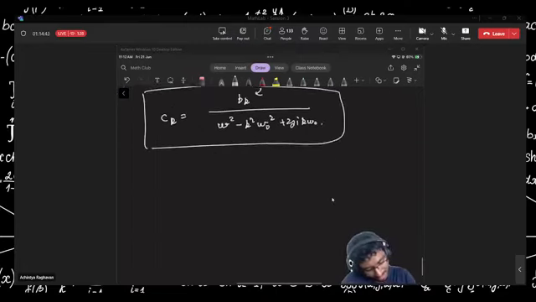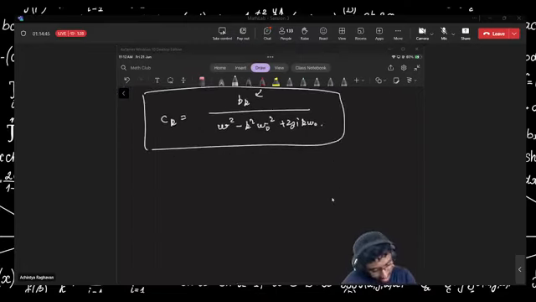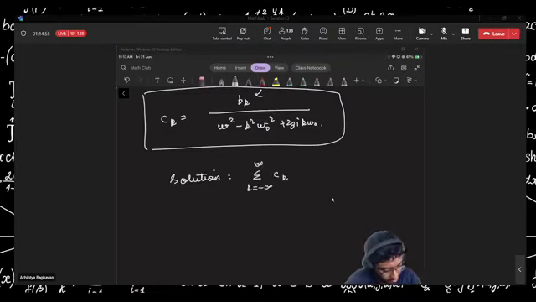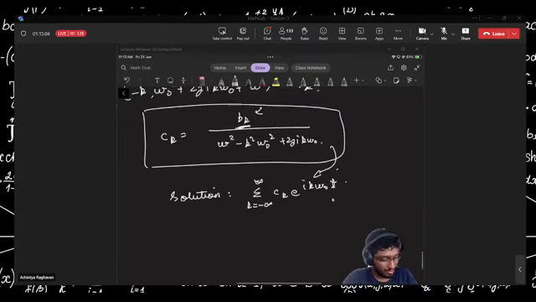So this is ck, and we know our solution is the summation from minus infinity to infinity of ck e power i k omega naught t. And we know what ck is in terms of bk, and bk is a given quantity. Yeah, this is how we would solve it.